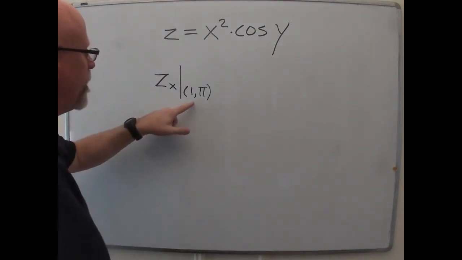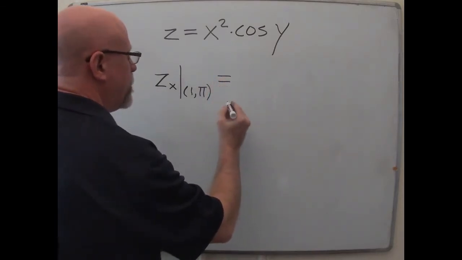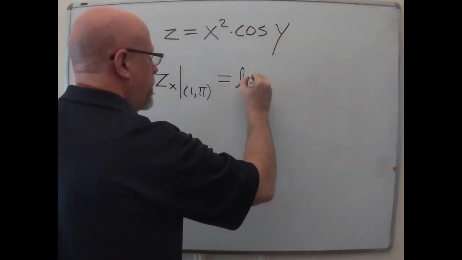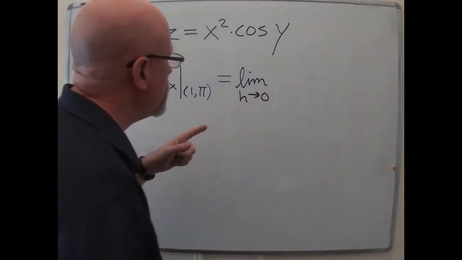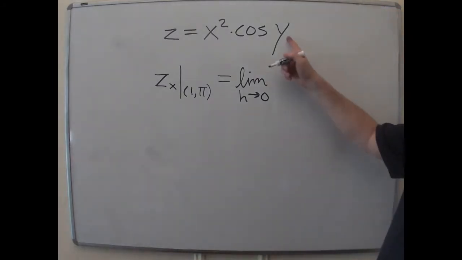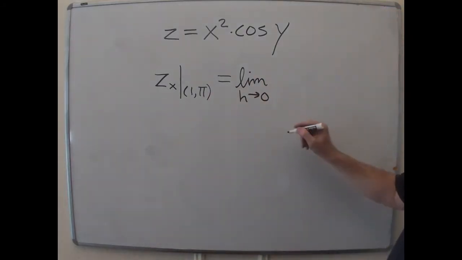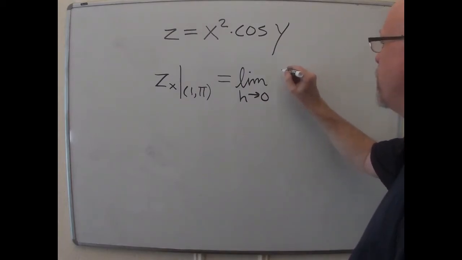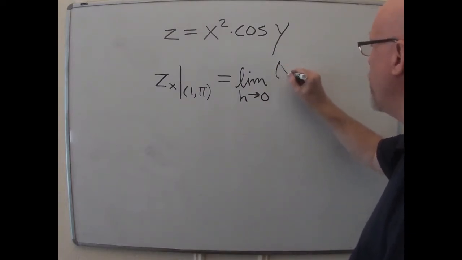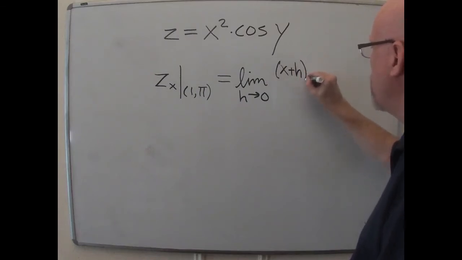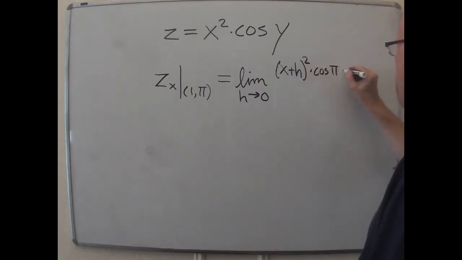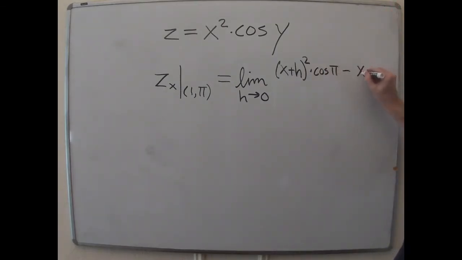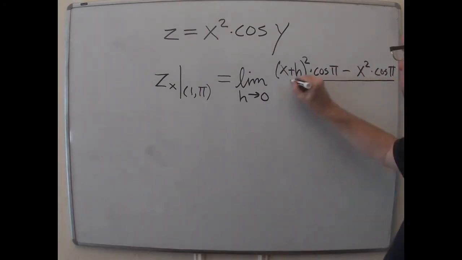So z sub x evaluated at 1, pi, well, let's write out that limit that I just had a second ago. It'll be the limit as h goes to 0. The function is always going to be evaluated for its y coordinate at pi. So we're going to have x plus h squared times the cosine of pi minus x squared times the cosine of pi, all over h.